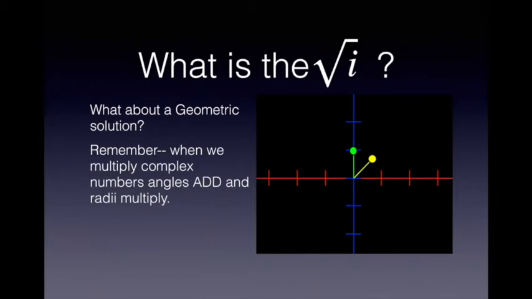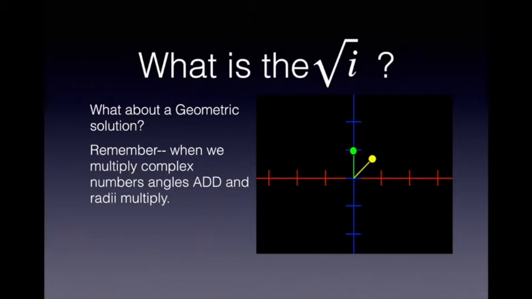And a complex number like 3 plus 2i, you would plot by moving 3 units to the right on the real axis, and then moving up 2 units on the imaginary axis, and putting a dot right there, and that would be 3 plus 2i. So that's one way we plot complex numbers.